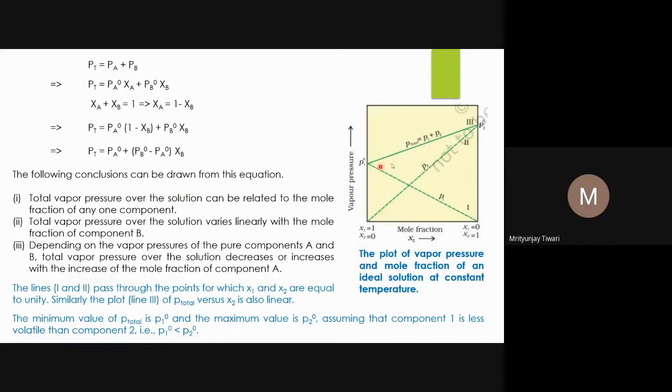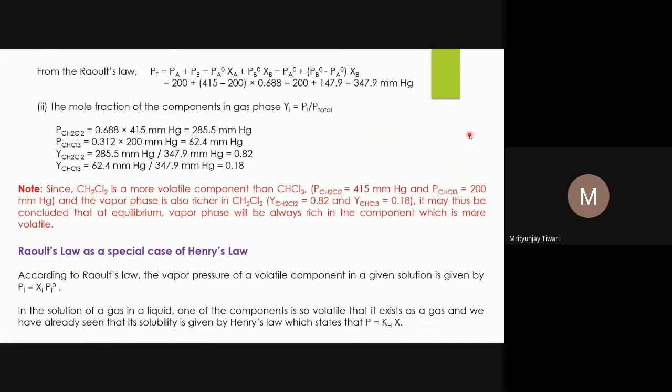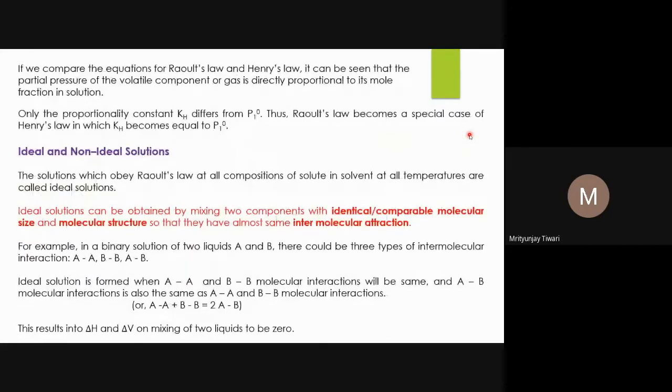It means that at all compositions this graph is linear. So this is what Raoult's law obeyed means. So at all compositions and all temperatures, when a solution obeys Raoult's law, then we say that such a solution is an ideal solution.